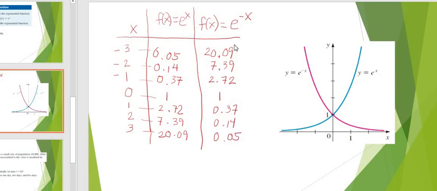And of course, if we plot these functions, then our e to the power of x would be this graph here, and our e to the power of negative x is this graph.